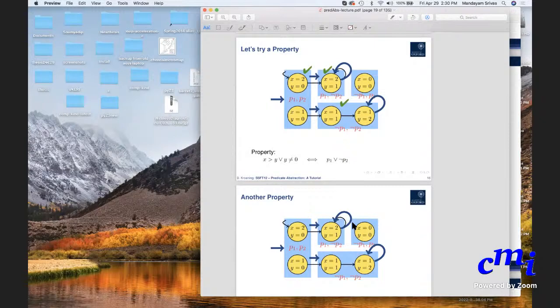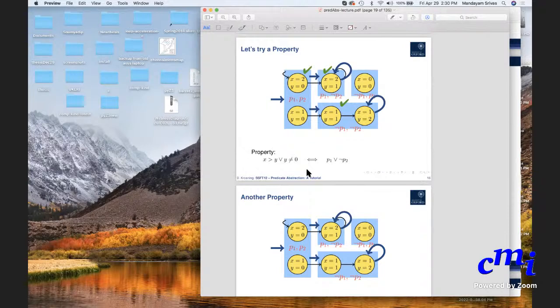So there is an obvious question here. What happens if your property is one you were not able to precisely capture in terms of this? Let's suppose that your invariant property that you wish to prove is checking if even of X is an invariant.